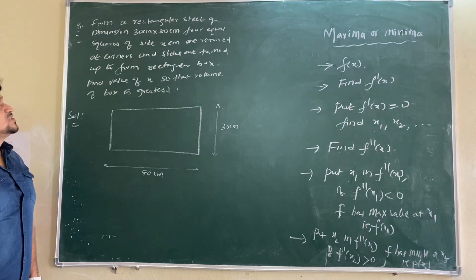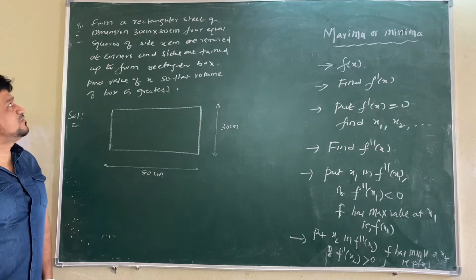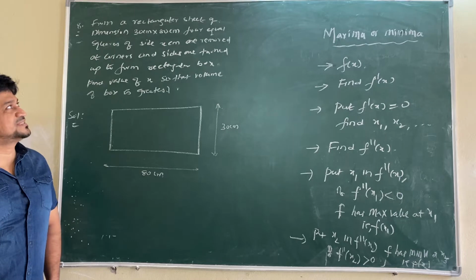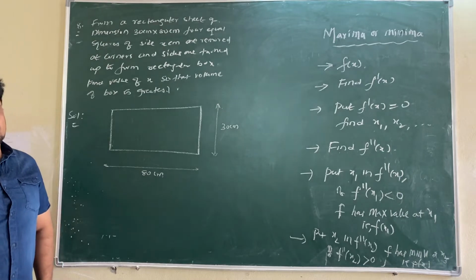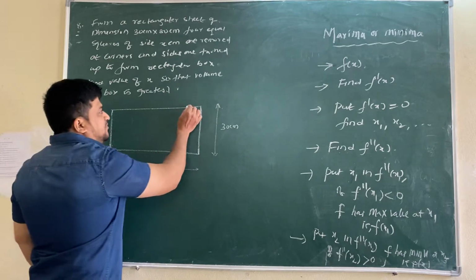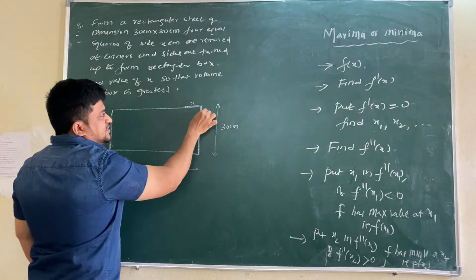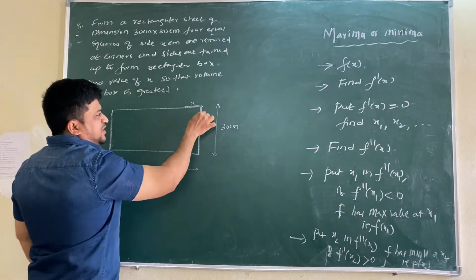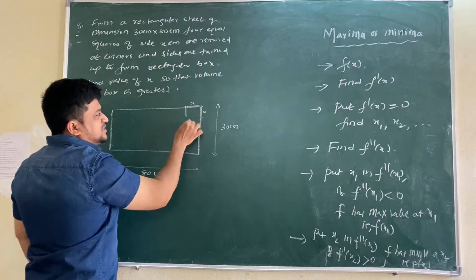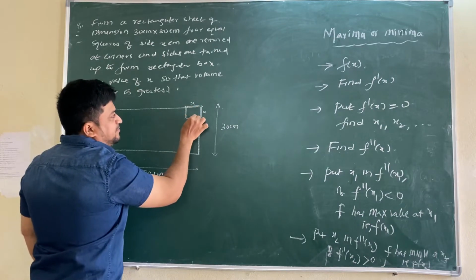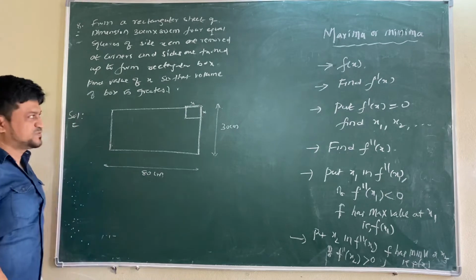From a rectangular sheet of dimensions 30 by 80, four equal squares of size x centimeter are removed from the corners. Means what? Measuring x and x on the scale, suppose x is 5 centimeters from the corners, and I am cutting one box from that one.